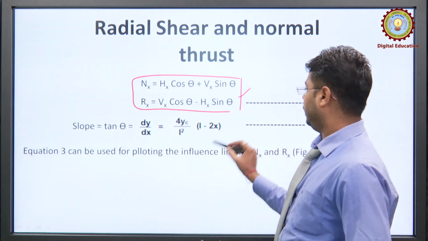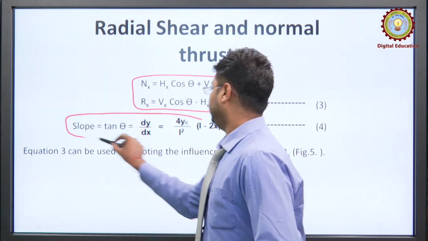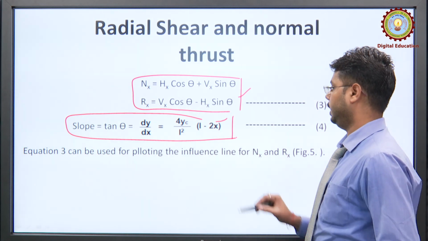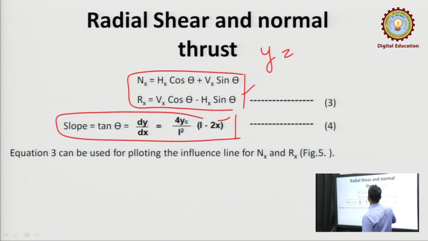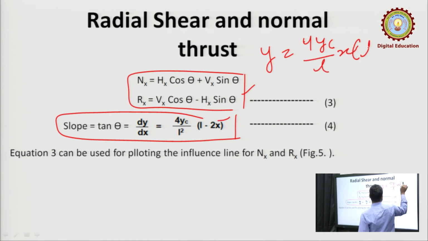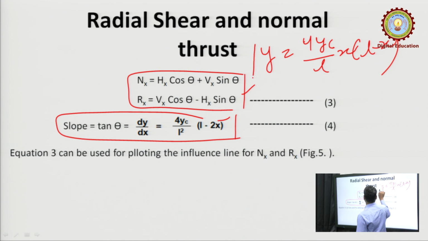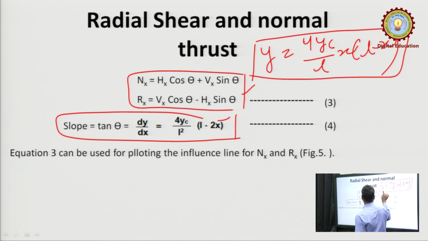We discussed this equation earlier, the slope for a three-hinged arch, which was 4yc upon L square. This was the original equation, and this is the derived equation by taking differentiation.